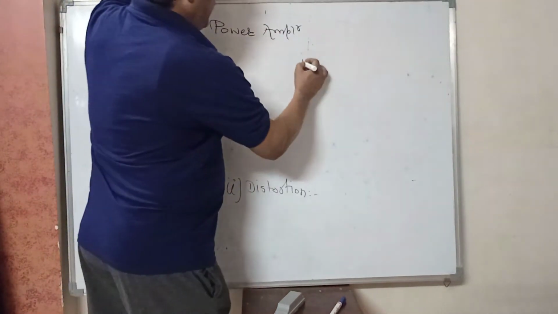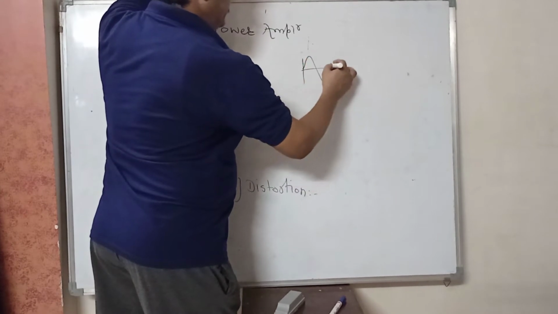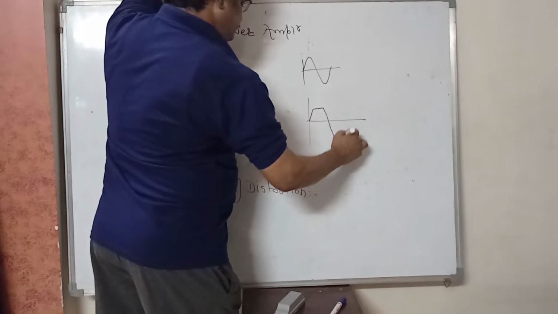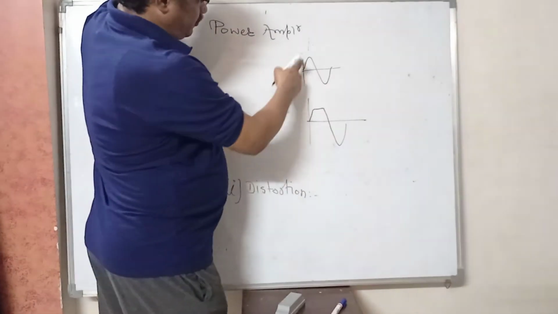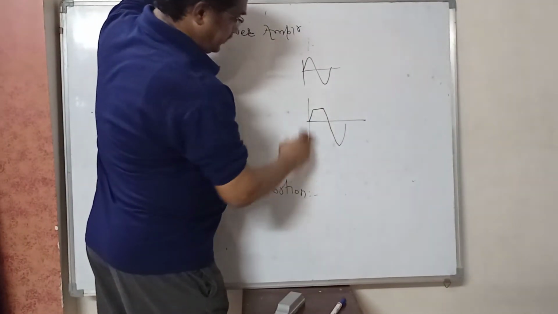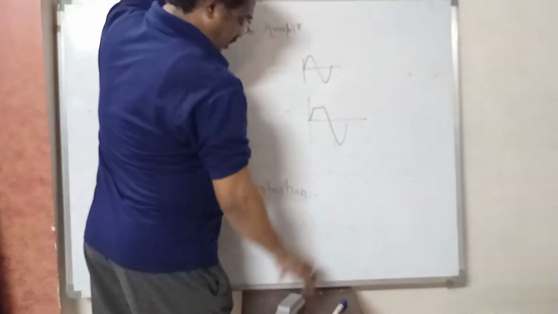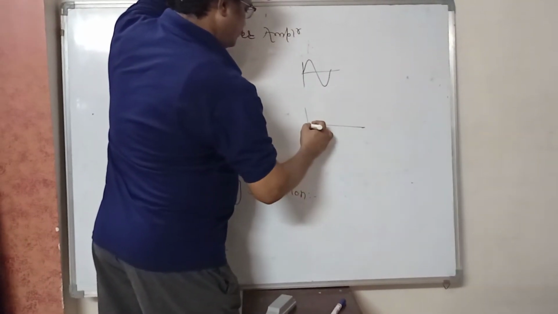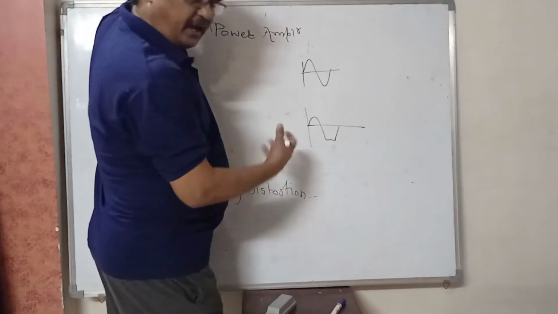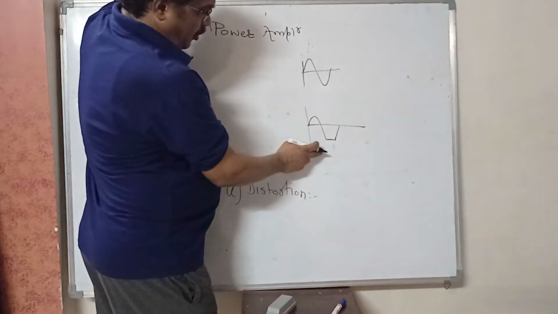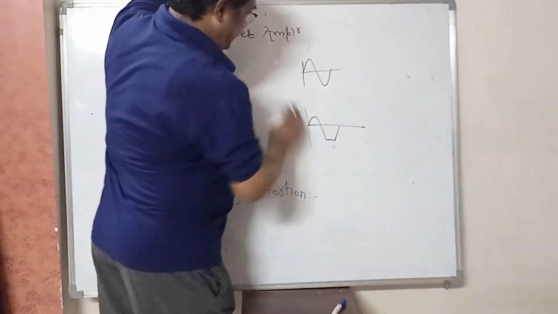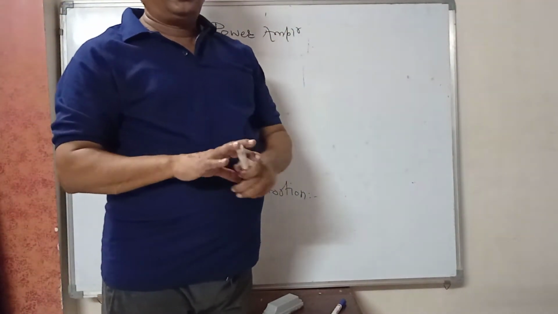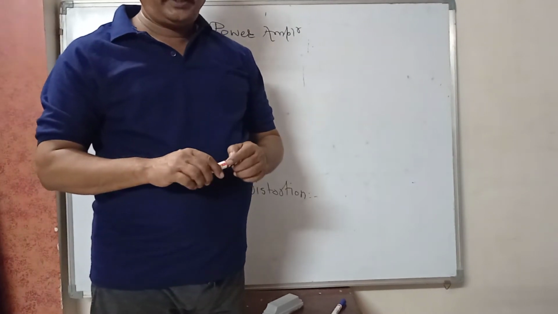Suppose input is this one and output is this one. Distortion. Positive half cycle is not obtained. Or any change of output with respect to input. Any change in wave shape of output with respect to input is distortion. Right?